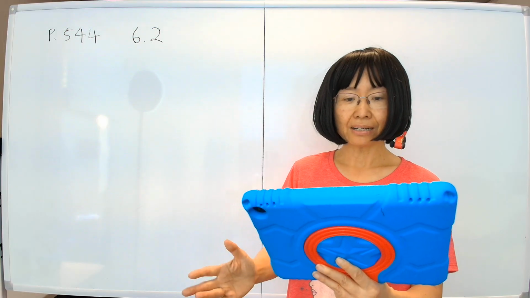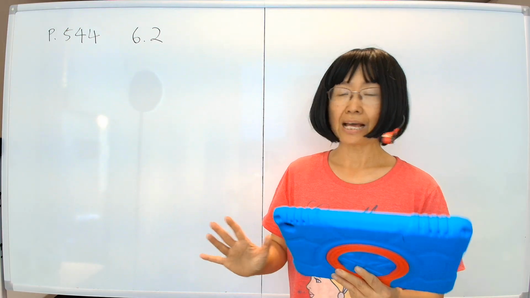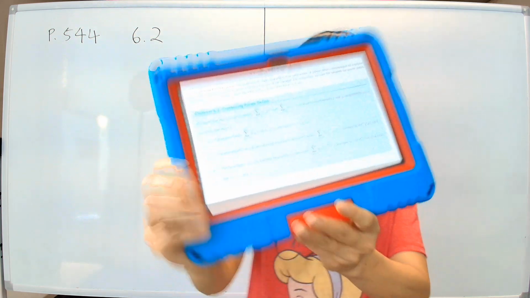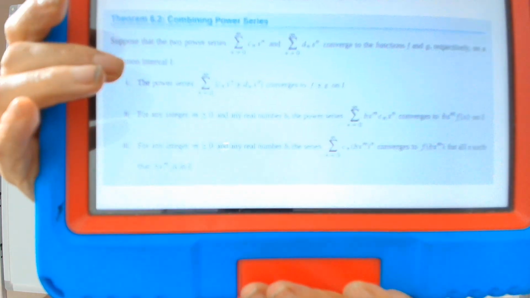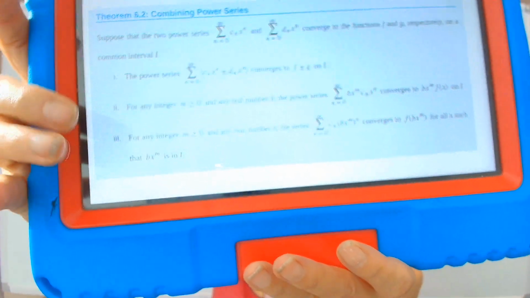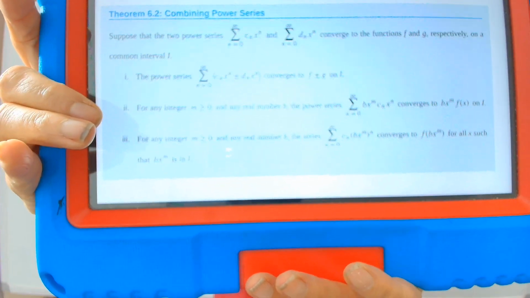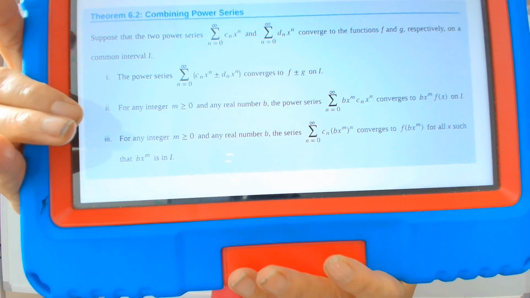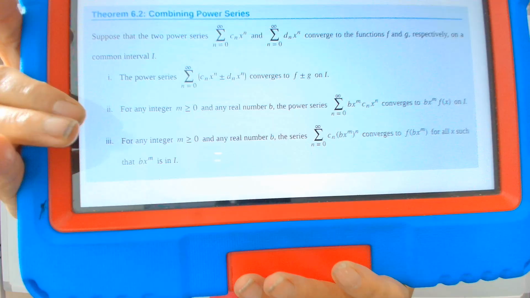Okay, and the addition and subtraction is exactly as how you would expect. That is, to add power series together, all you have to do is just add them term by term, like part 1. To multiply by something such as bx to the power m, you can pull it right out of the summation symbol.